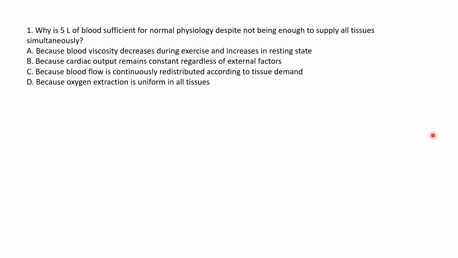So those are the places where you're going to have a lot of blood being redistributed to, and therefore the blood vessels in your gut, for instance, will constrict, and there will be less blood being rerouted to the gut, because at that time that's not important. So yeah, the correct answer here is option C, and that's why.